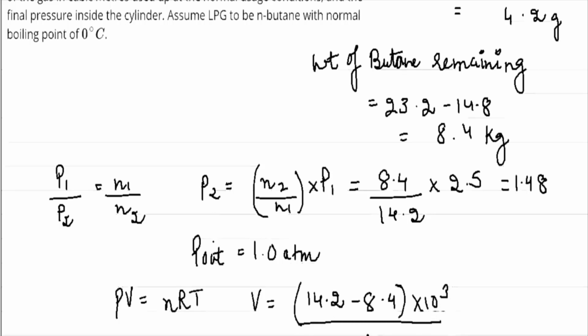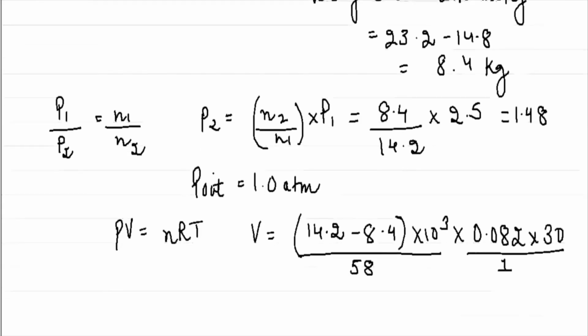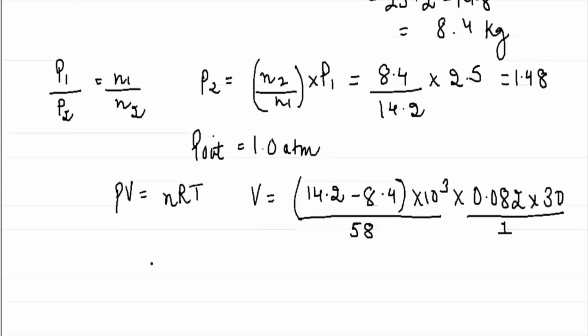You have to divide this value with the 58, with gas constant 0.082 into 300. Divide this whole value by 1. Solve this value, you are going to get the value of volume. So volume will be equal to 2460 liters.